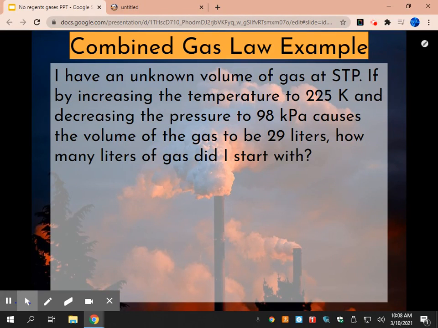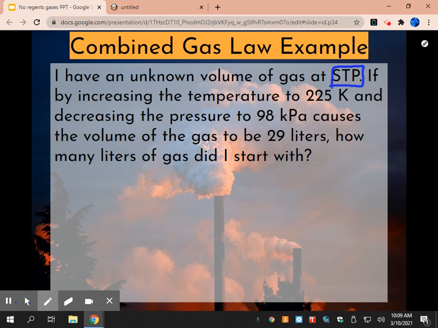Okay, so if we take a look at this next problem, it says I have an unknown volume of gas at STP. If by increasing the temperature to 225 Kelvin and decreasing the pressure to 98 kPa causes the volume of the gas to be 29 liters, how many liters of gas did I start with? So let's see. STP, standard temperature and pressure.